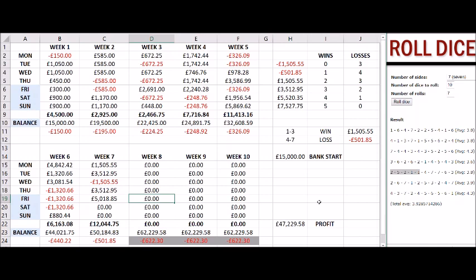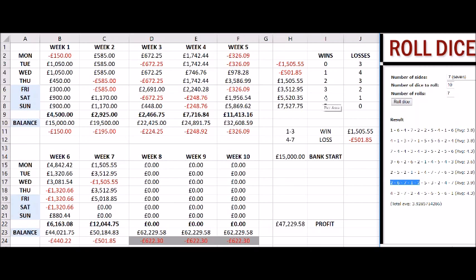5018.85. 3 wins. That's 3512.95, and then a loss. Take 501.85.